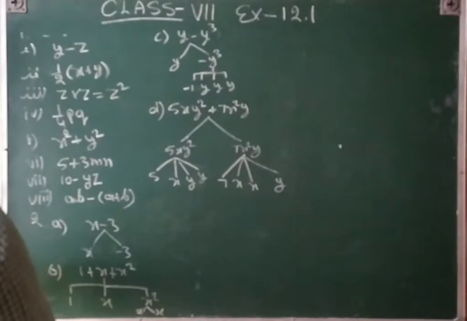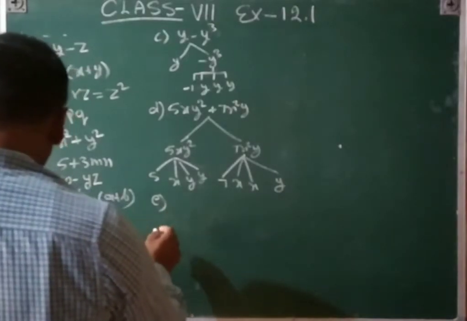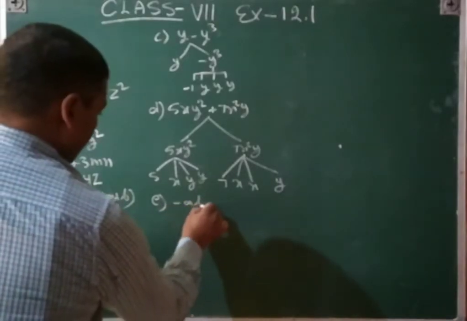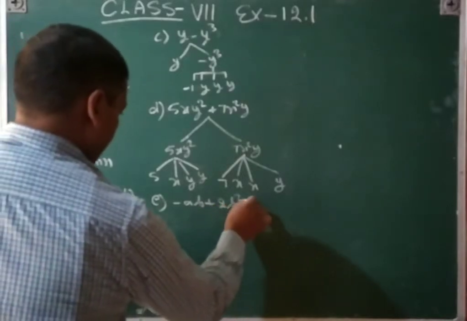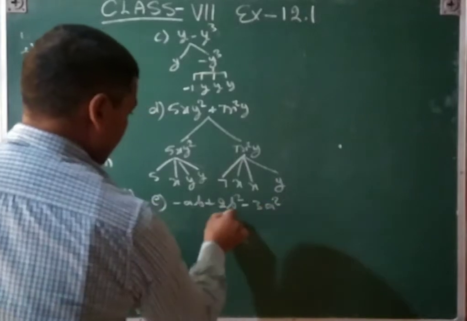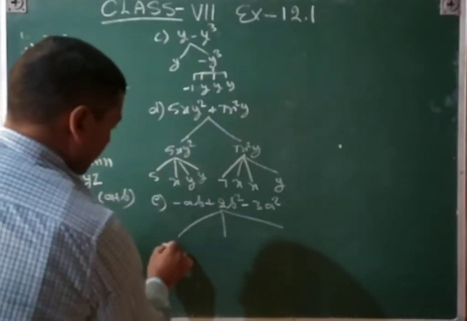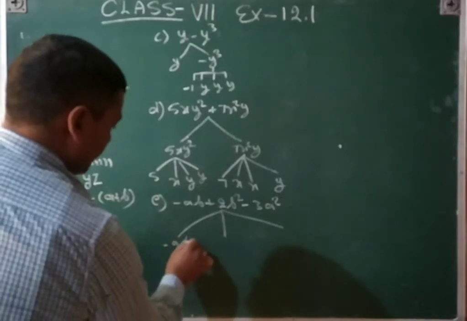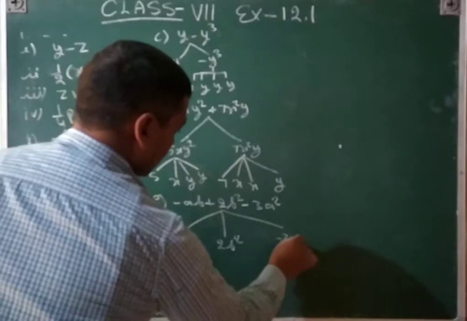And then e part: minus ab plus 2b square minus 3a square. It goes like this: minus ab, then 2b square, and minus 3a square.